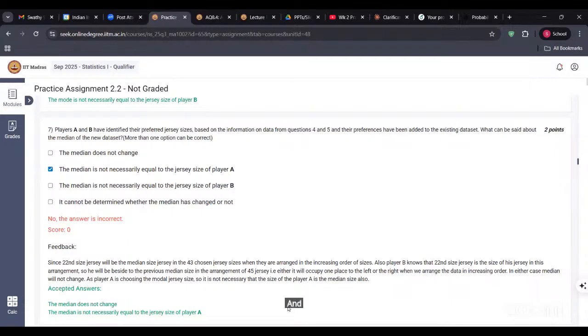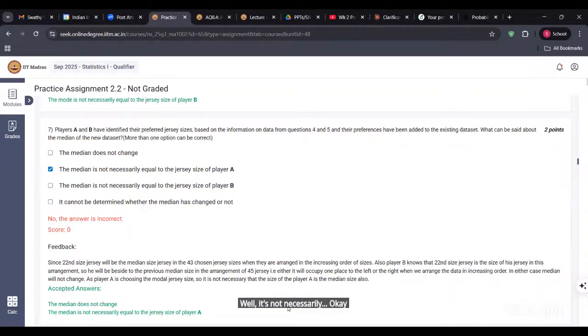And B was thought of as the same median thing. Yes, A and C are correct.